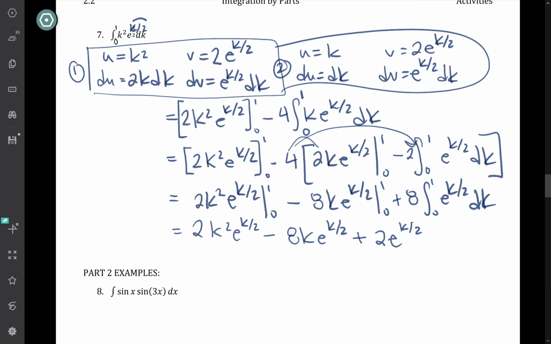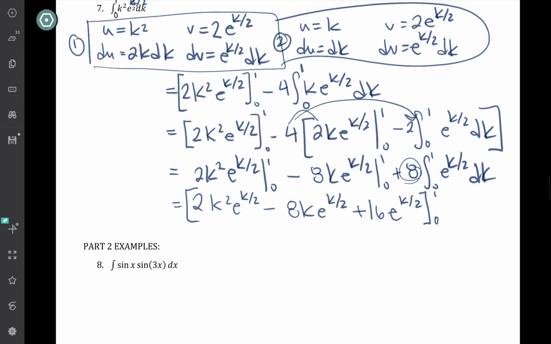We've done that one a couple times before. And now, oops, that needs to get multiplied by the 8. Don't lose that, so we're going to make that a 16. And now I'm just going to say all of that gets evaluated from 0 to 1. So just make sure you realize that as you spit stuff out in front of the integral, that doesn't mean it's not part of the whole evaluate thing.